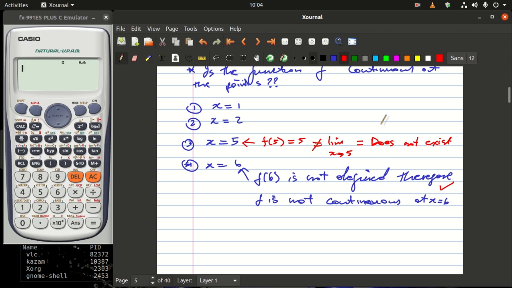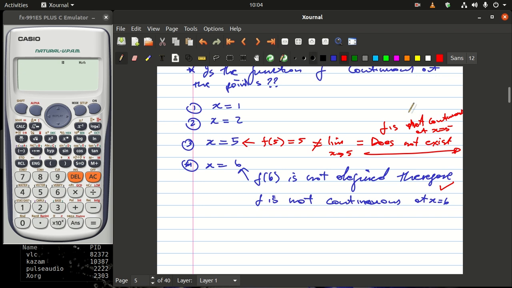Hence, f is not continuous at x is equal to 5, because the limit does not exist. So f is not continuous at that point. If the limit existed, then we'd be talking a different language.